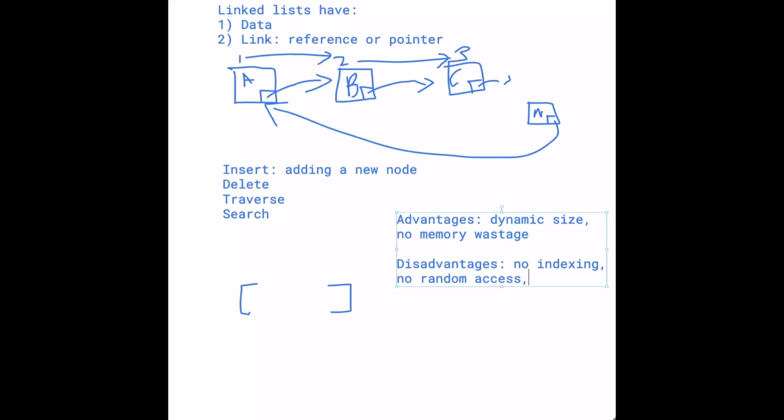Additionally, you need extra memory for the pointers, because for each node you not only need the actual value, but you also need the pointer to wherever it's pointing.